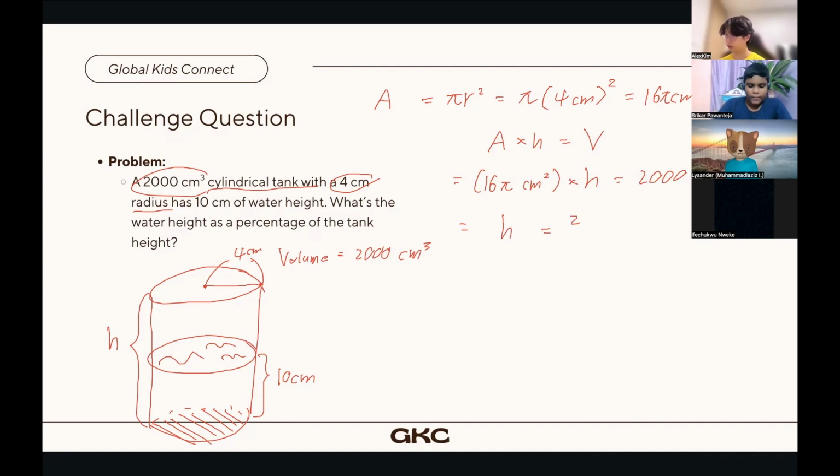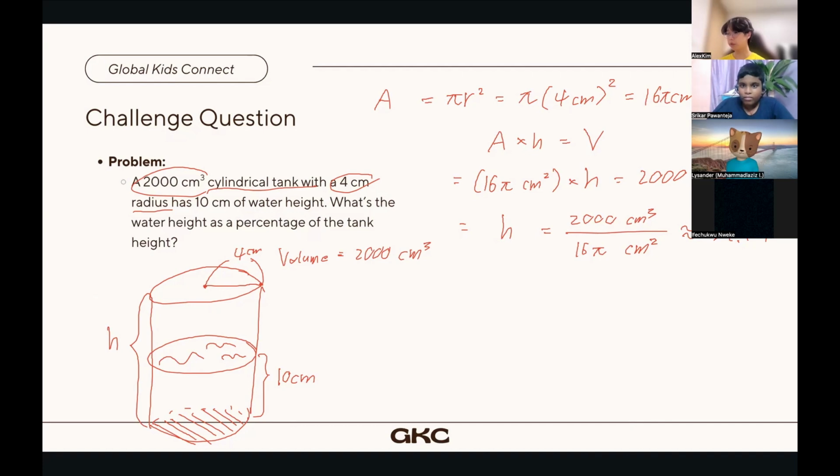And so we can say that h is 2,000 cubic centimeters over 16 pi centimeters squared, which is roughly equal to, if we plug this into our calculator, 2,000 divided by 16 times pi, around 39.79 for our height value.